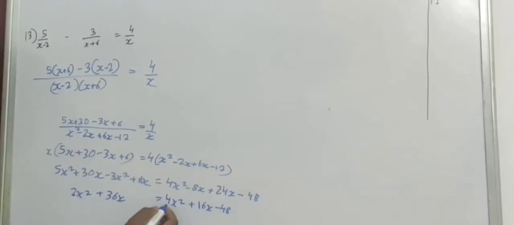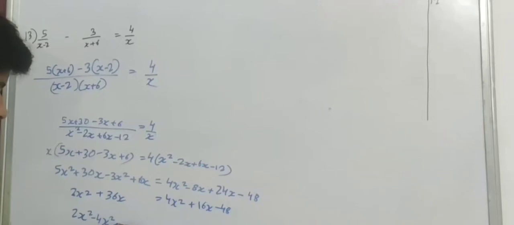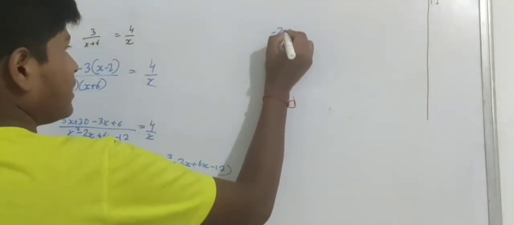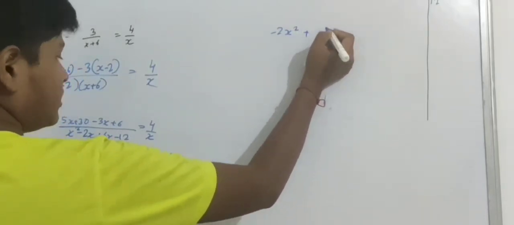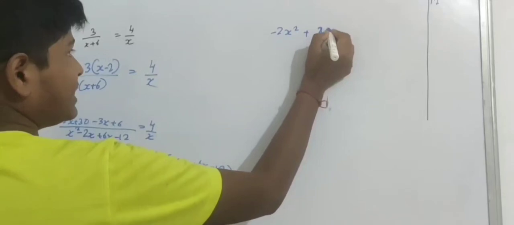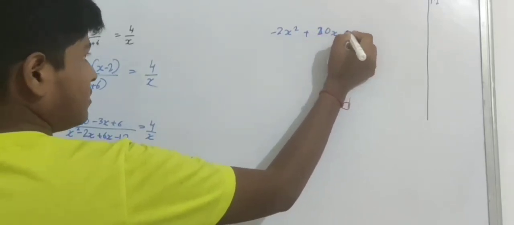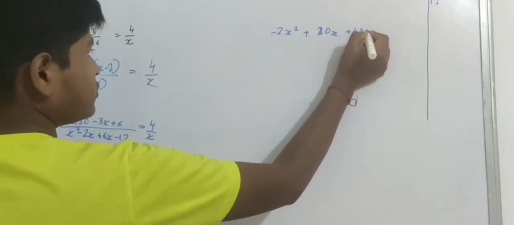Now 2x square minus 4x square, variables one side and constant one side. So it will be minus 2x square plus 20x plus 48 is equals to 0.